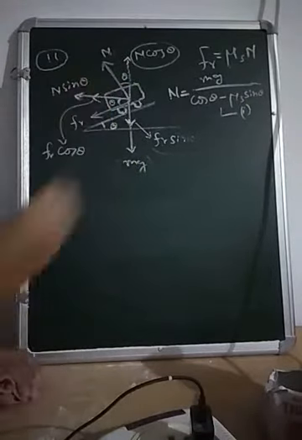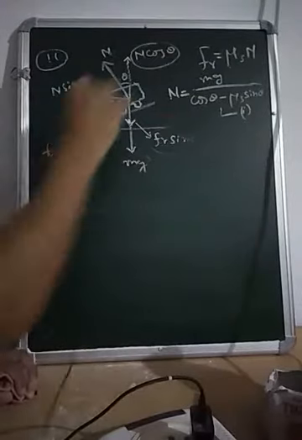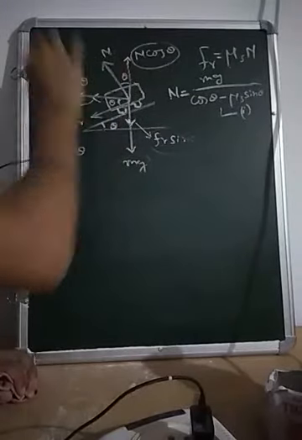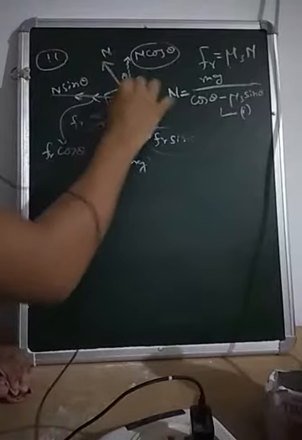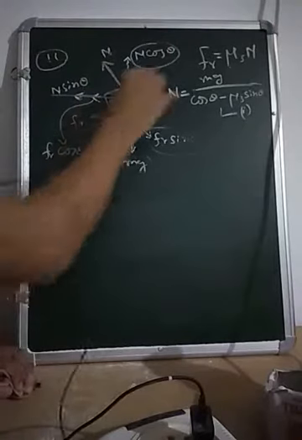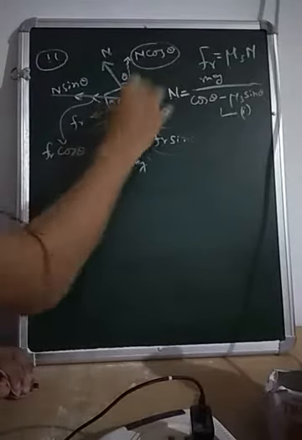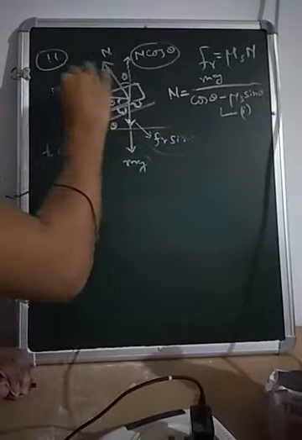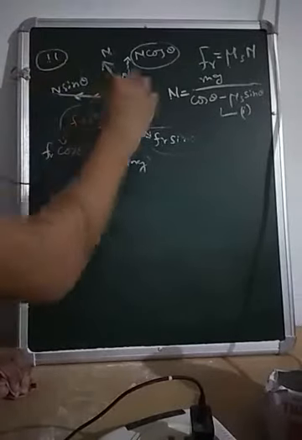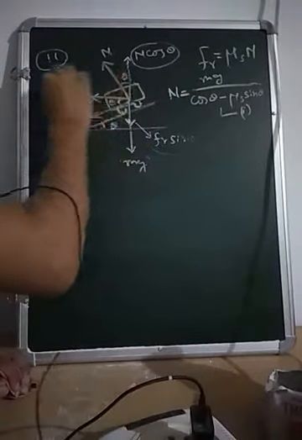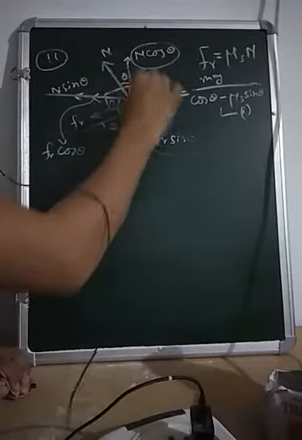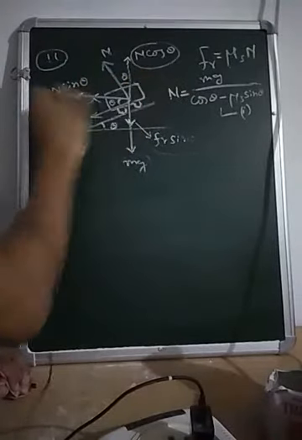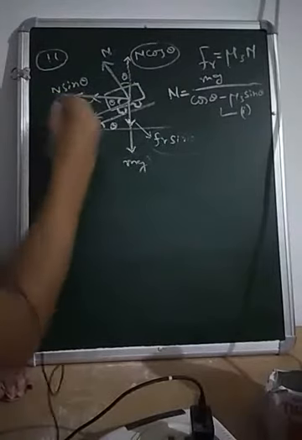So what is the centripetal force? It is along the center of the circular track. So the car is experiencing a centripetal force due to the components of force along these directions. So what is the centripetal force?